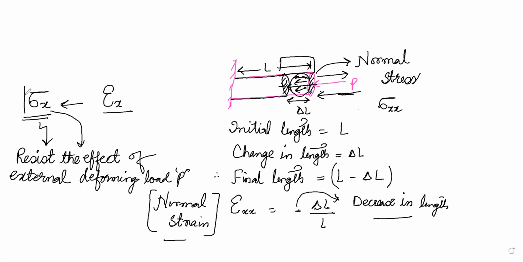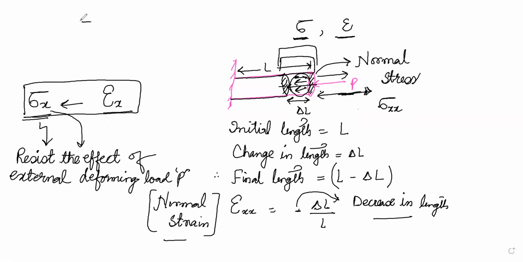So associated with stresses are the strains inside the machine element. If you look at this example or the previous one, we had the normal stress, sigma, and the normal strain, eta. As we keep on increasing the external deforming load P, the value of the normal stress keeps on increasing, and in response, the value of the normal strain also keeps on increasing.